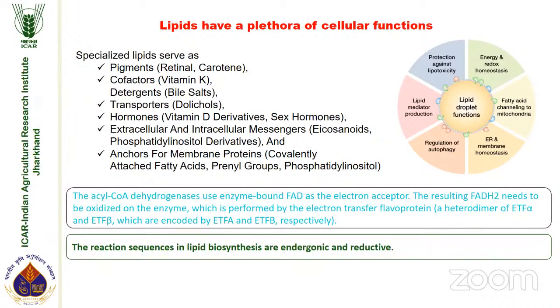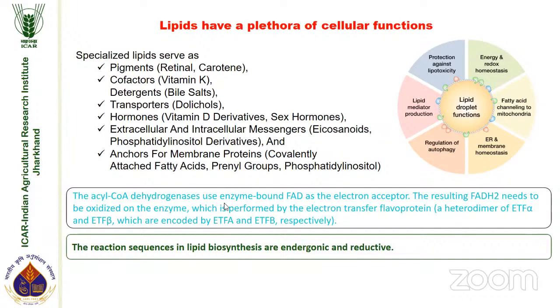Several hormones are basically steroids, synthesized from various fatty acids, and various extracellular and intracellular messengers, icosanoids, phosphatidyl inositol derivatives, and various other messengers are of lipid origin.